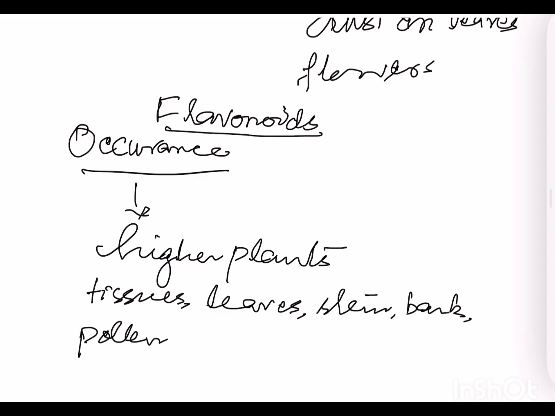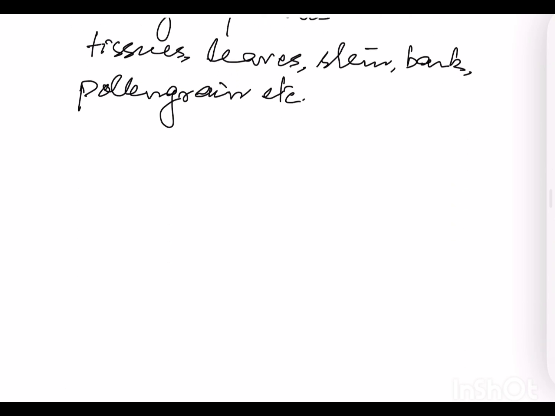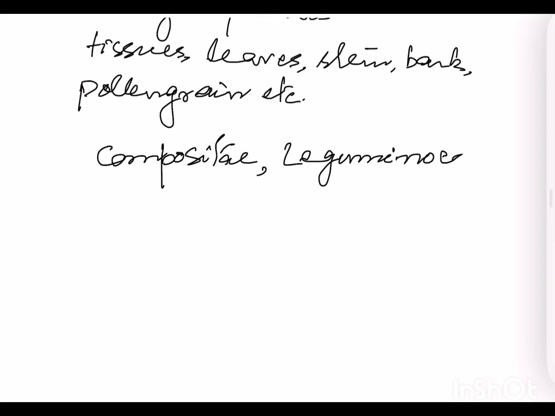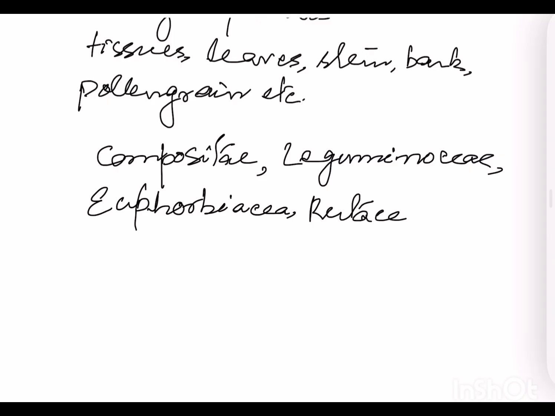Therefore, the families where the flavonoids are found are usually Compositae, Leguminosae, Euphorbiaceae, Rutaceae, etc. But in gymnosperms, it is in higher concentration.